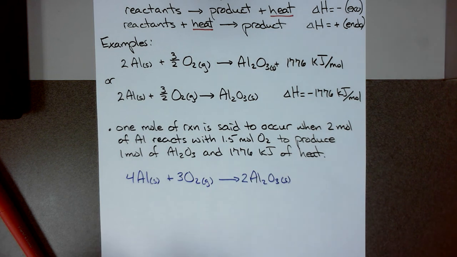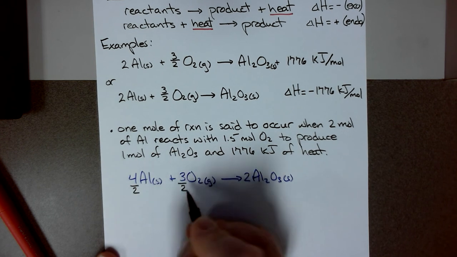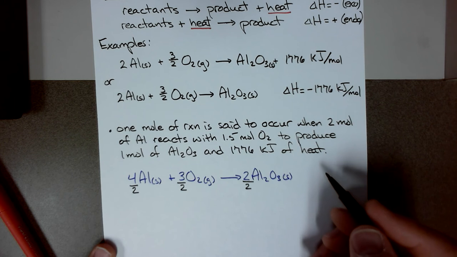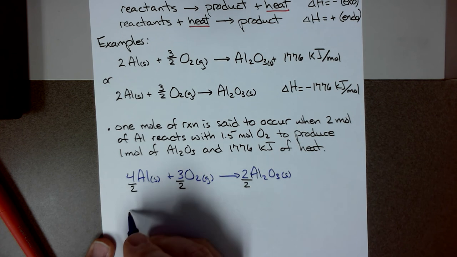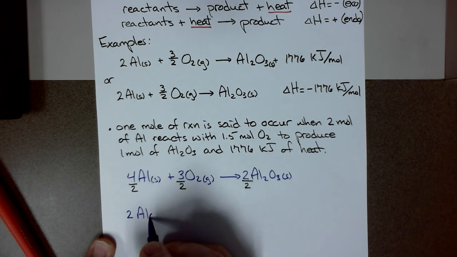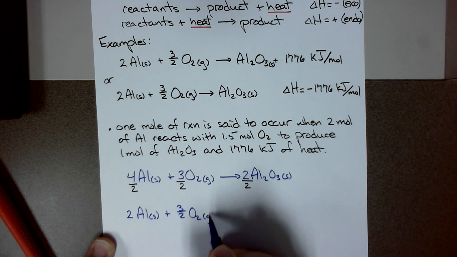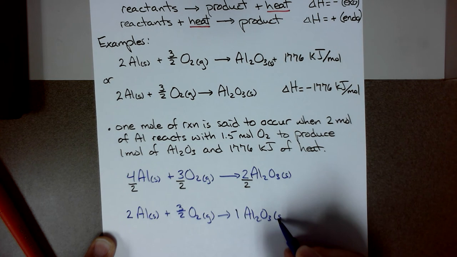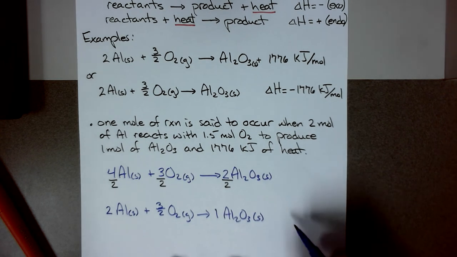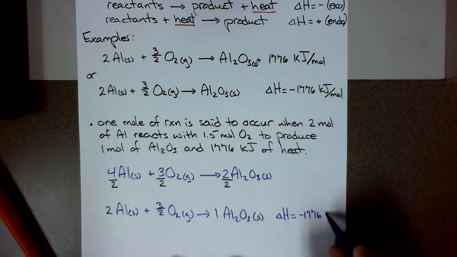So I have to go through and divide each of these by 2 so that I get 1 mole here, so that it really ends up written as 2 moles of aluminum plus 3 halves moles of oxygen produces 1 mole of aluminum oxide, with a delta H value of negative 1776 kilojoules per mole based on how this is written.